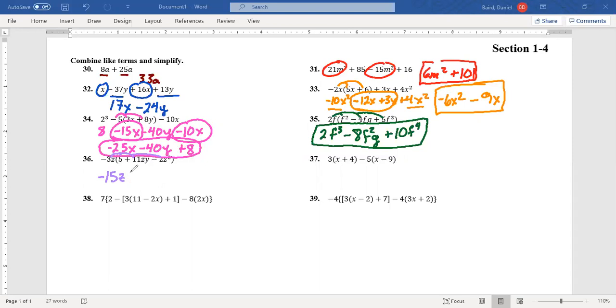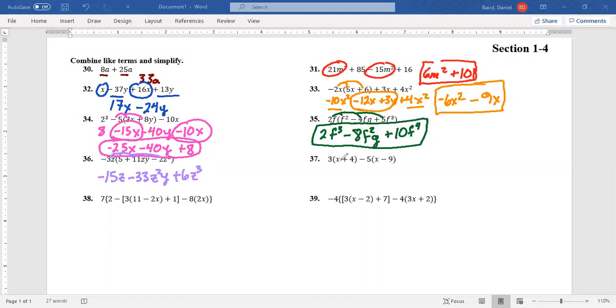Negative 3 times positive 11 is a minus 33z squared y. And then minus 2z squared, so that's plus 6. So negative 3 times the negative 2 is a plus 6. Z times z squared, we now have 3 z's all together. Excellent. Okay, the next one, let's do number 37.